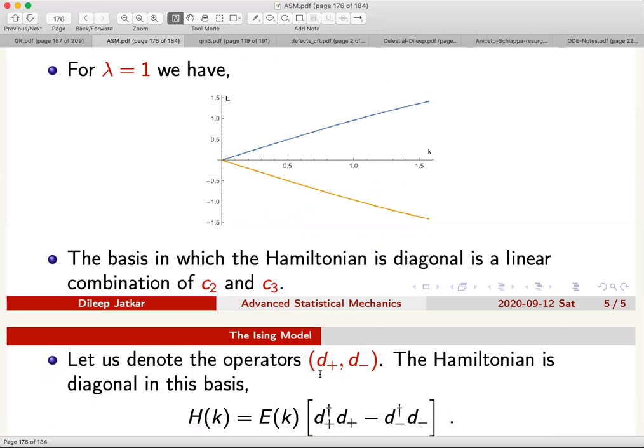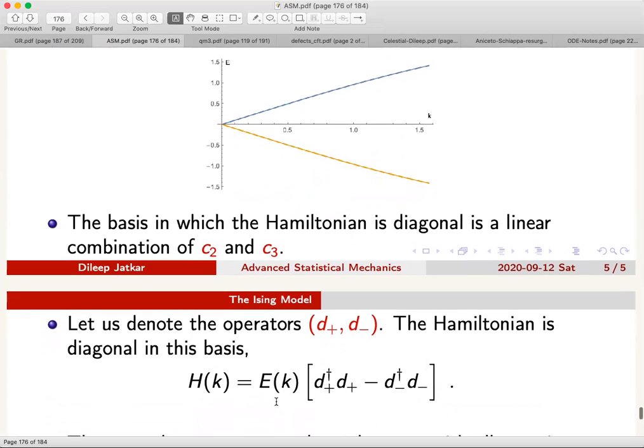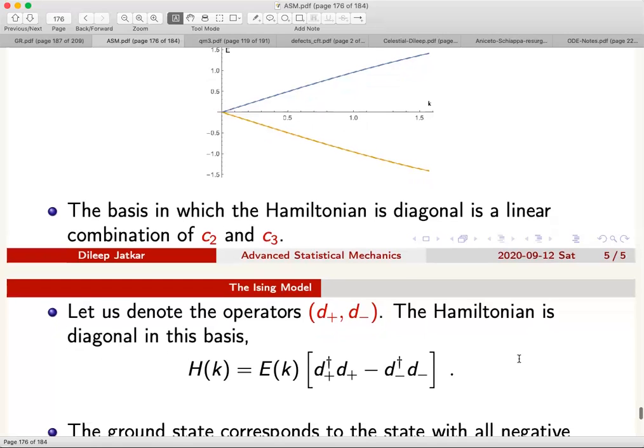D plus are the annihilation operators, and D plus dagger would be creation operators for energy E plus, which is just Ek, whereas D minus are annihilation operators and D minus dagger are creation operators for the states with negative energy, where the energy is minus Ek. And therefore the Hamiltonian is actually Ek D plus dagger D plus minus D minus dagger D minus. So that is the kind of form the Hamiltonian has.